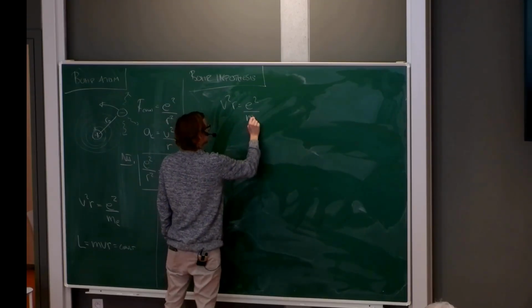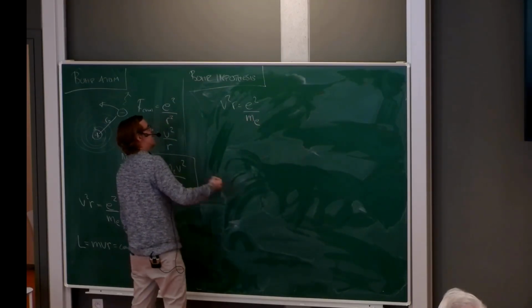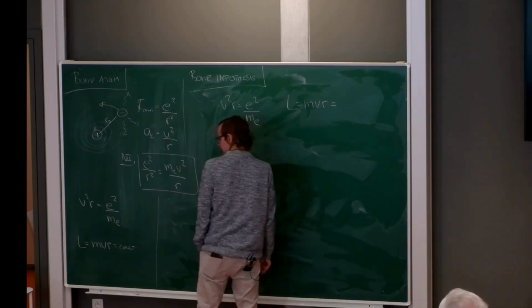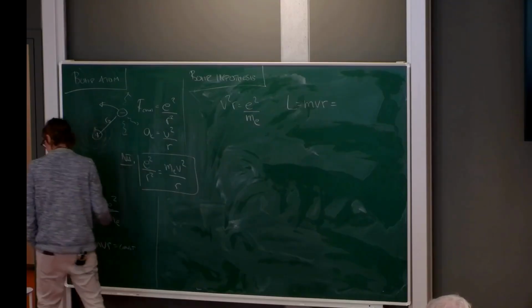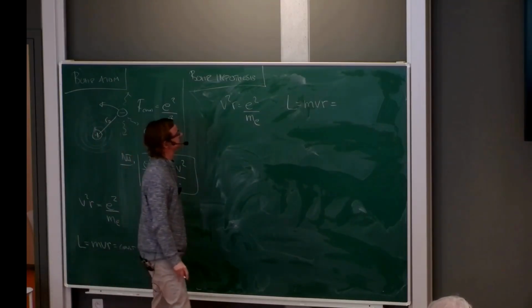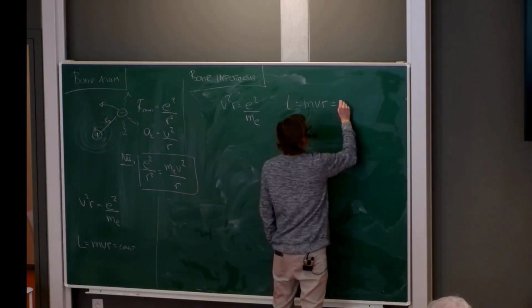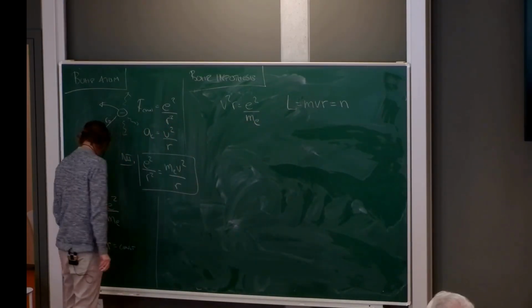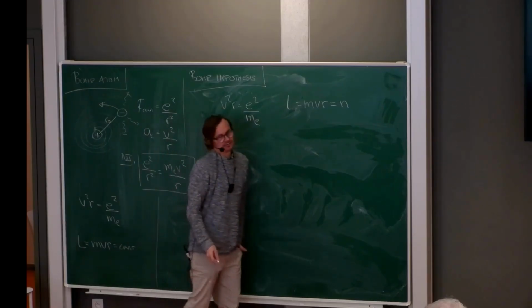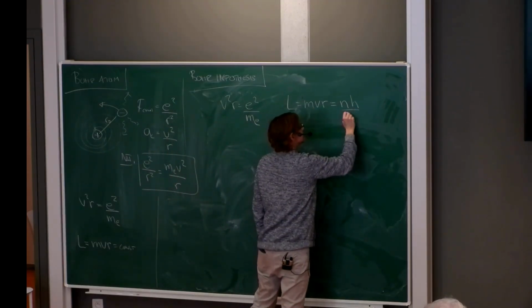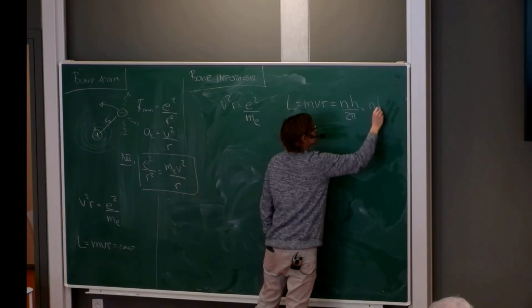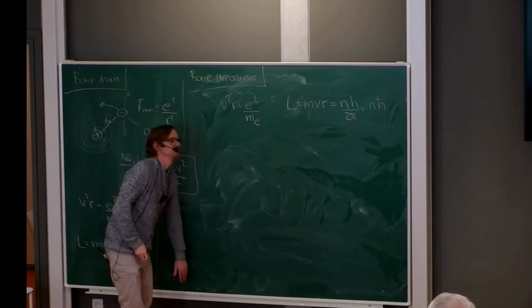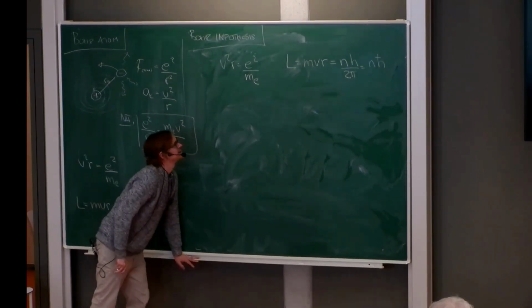But then we say, okay, the atoms can only be stable if they exist in an orbit that has an integer number of Planck's constant divided by 2 pi, which normally we write as n h-bar. h-bar is just Planck's constant divided by 2 pi. It's to get rid of some notation there.